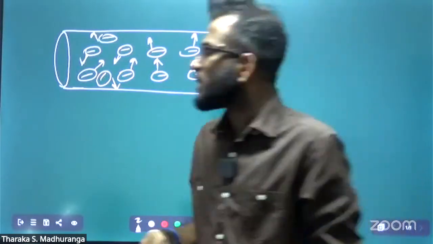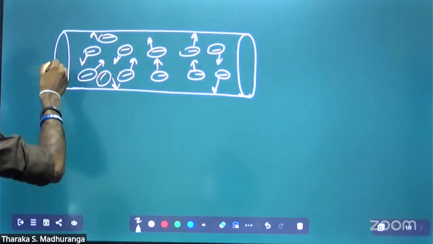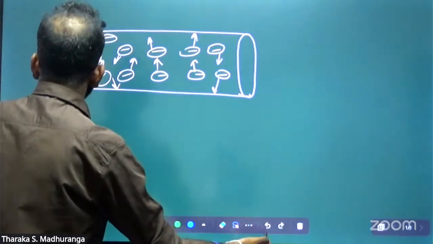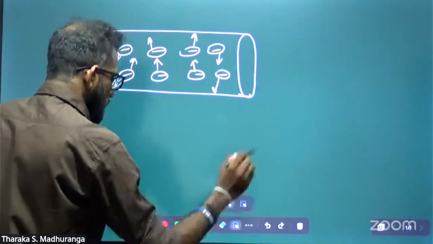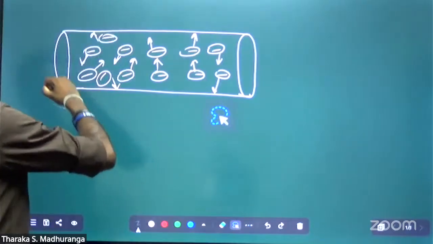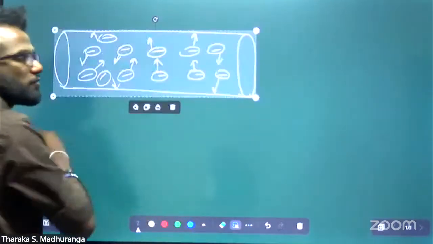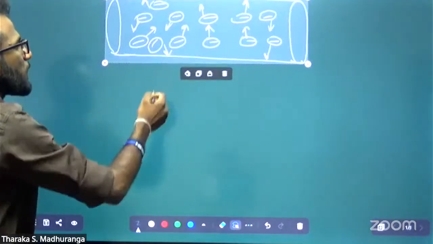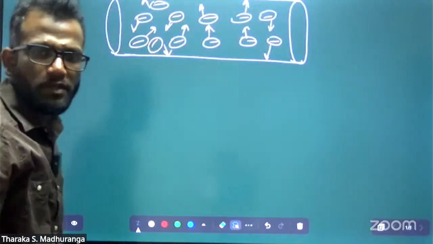Potential difference means if I supply here, I will draw this again. If there is no voltage supply, they are freely, randomly available like this.